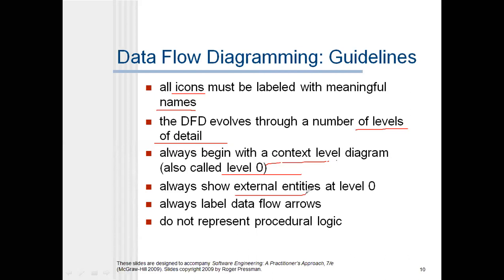If you want to represent this kind of external entity with some services, ATM provides some services. ATM is one module, so that module provides some services to a customer. If you want to represent that kind of thing, then here we are going to represent it using a level 0, or a context level.